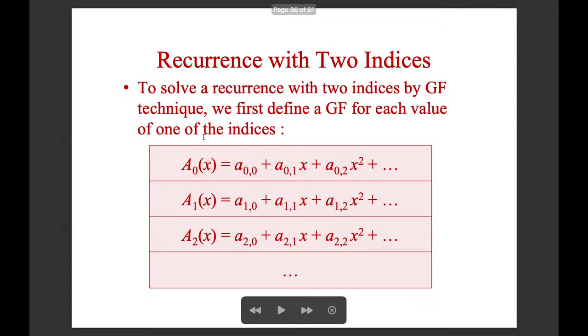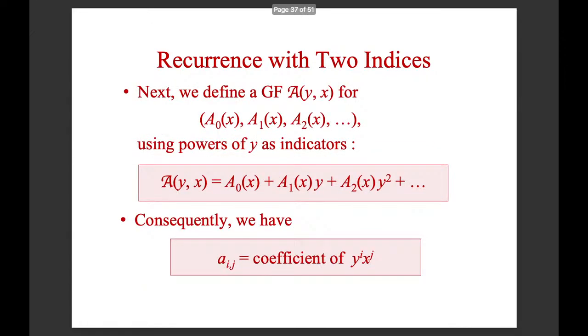What we are going to do here is make a two-index generating function, A(x, y), such that this generating function will have terms that have two coefficients. Rather than just a term x to the power n, it will have a term x to the power i multiplied with y to the power j.